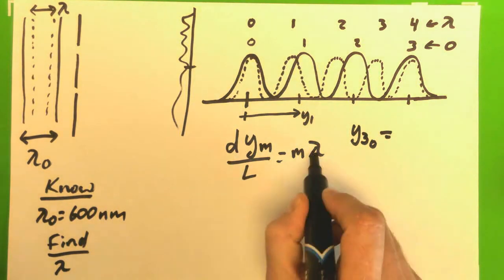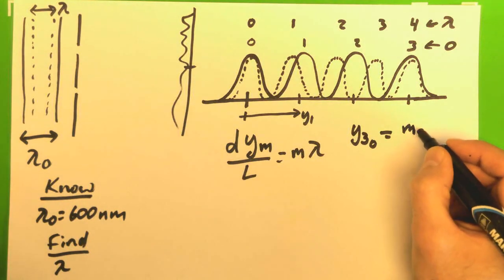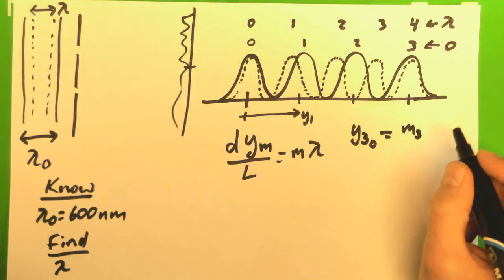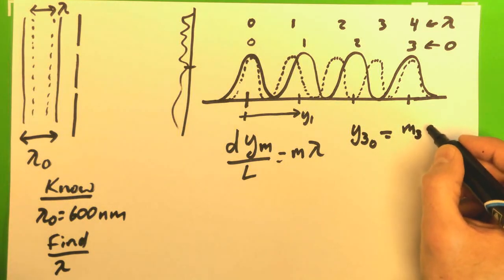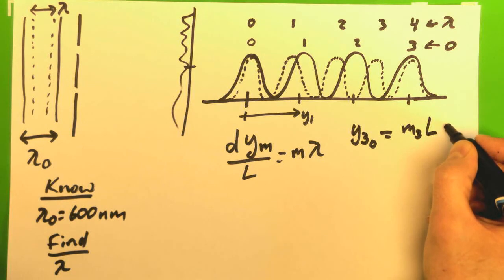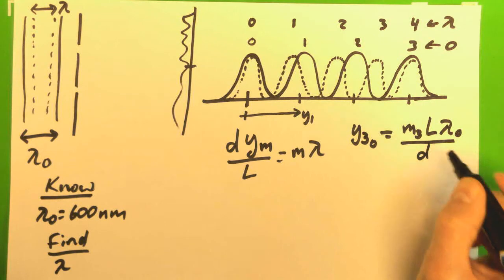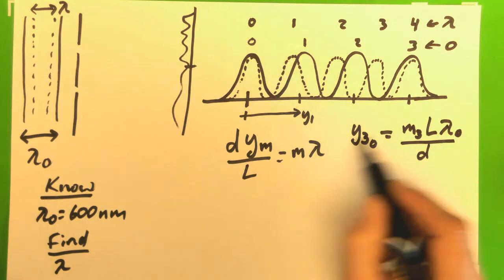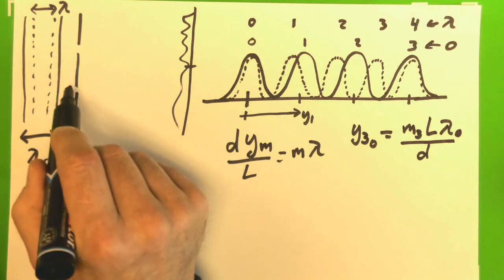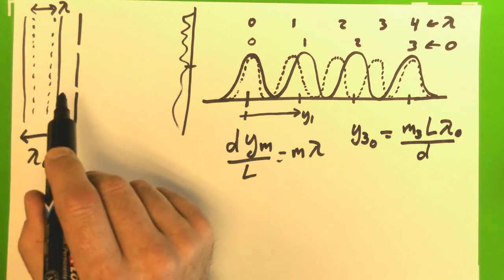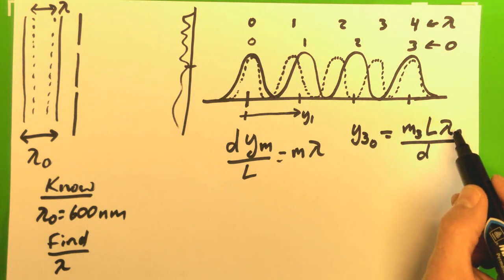Multiply the L up and divide the D down: M, which is 3, times L times lambda orange divided by D. Now L and D are not specific to orange. They're specific to the apparatus, how far the screen is and the slits. That's the same for the other color of light. The only thing that's different is this is a 3, and that's 600 nanometers.